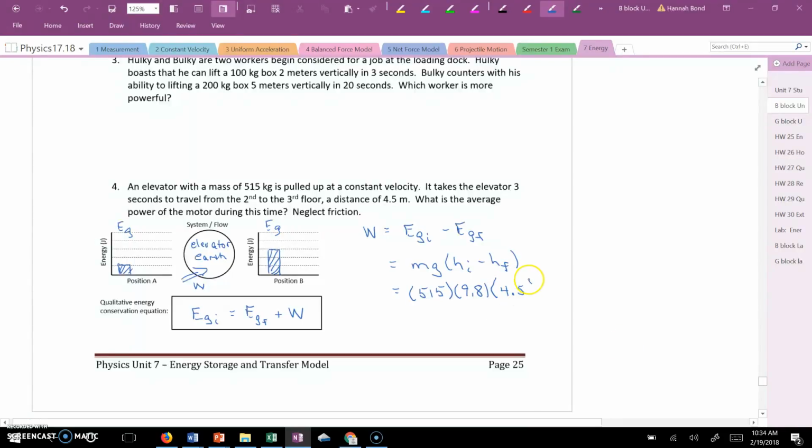So just taking it as a snapshot view, it's being moved up 4.5 meters, and so the total work that is being done on this elevator is 22,711 joules. So the power is calculated by doing that much work in the 3 seconds, which is 7,570.5 watts.